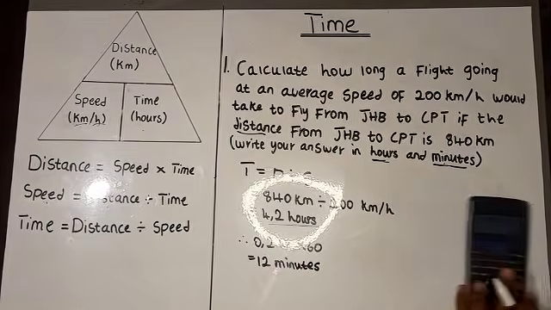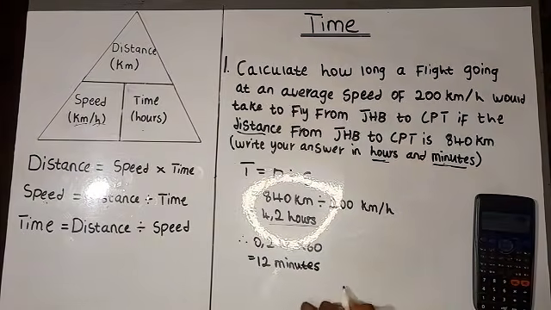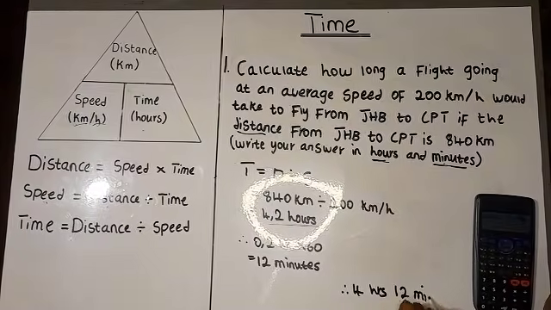So that means that the time is, let me just write it here, 4 hours and 12 minutes. So this is our final answer, which is 4 hours and 12 minutes.